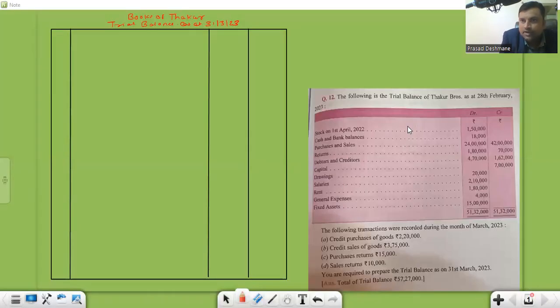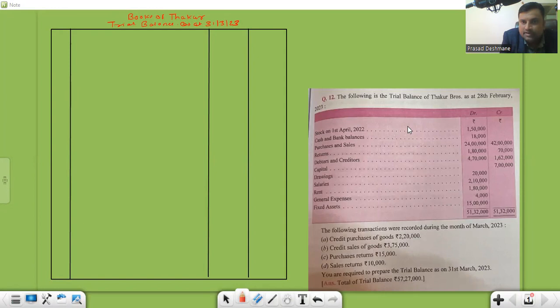I'll make the table for the trial balance. Right, before starting the trial balance, we need to tick mark this. Following transactions were recorded during the month of March, which is not included in the above trial balance. Credit purchase of goods rupees 2,20,000. So put a tick mark on purchases because there are some purchases we made in the month of March which is not included.